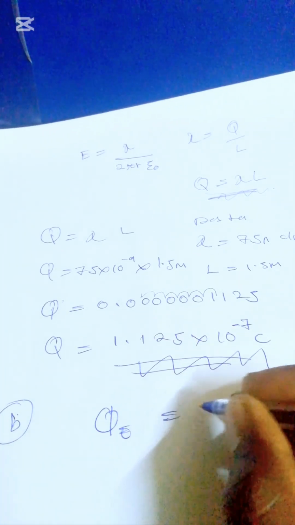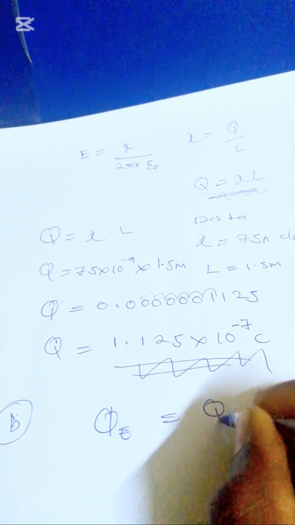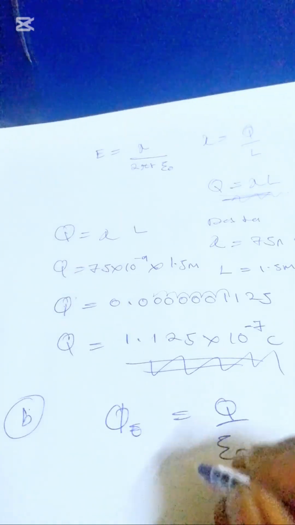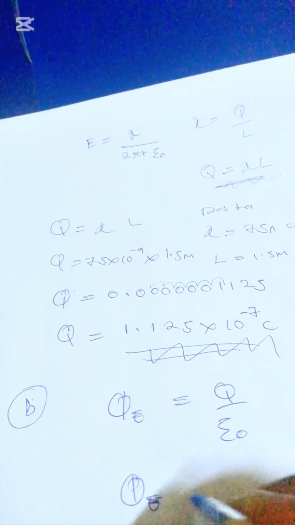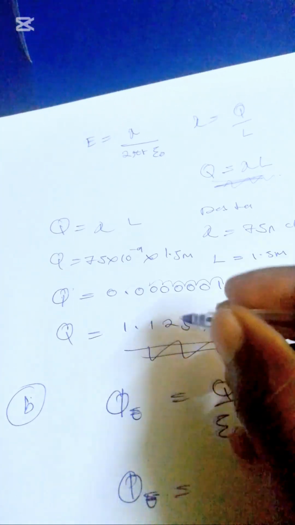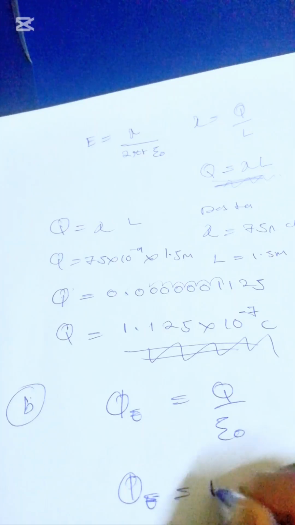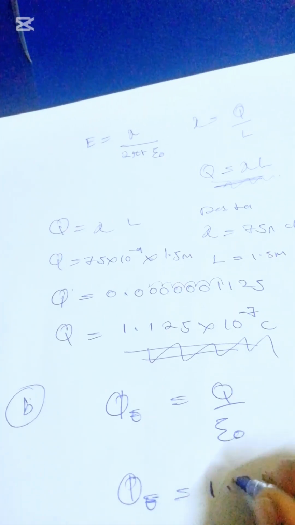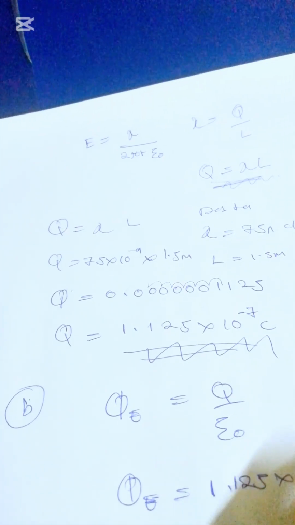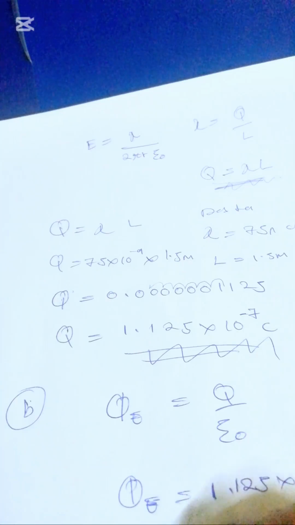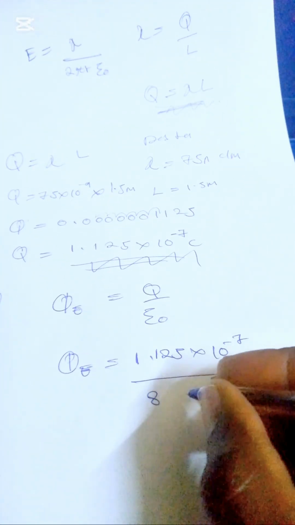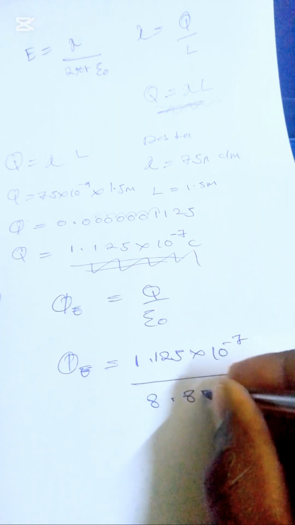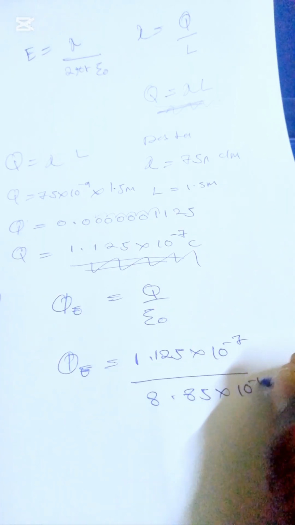We have charge over epsilon naught. Our charge is the one we found here, 1.125 times 10 to the power negative 7, over 8.85 times 10 to the power negative 12.